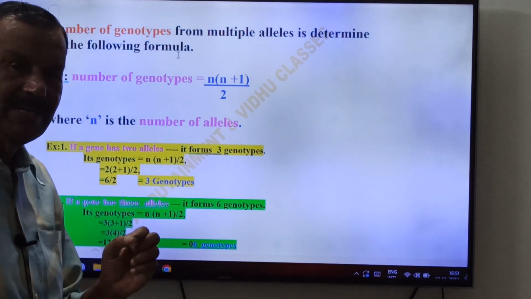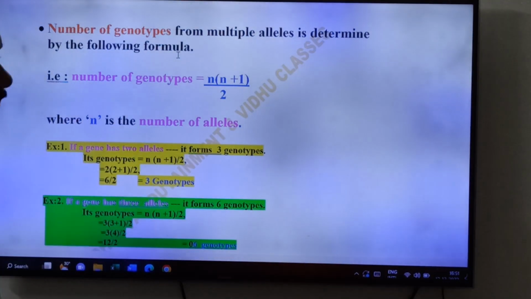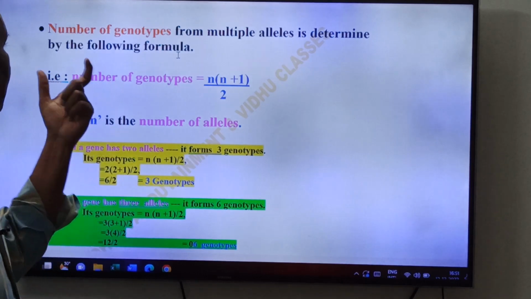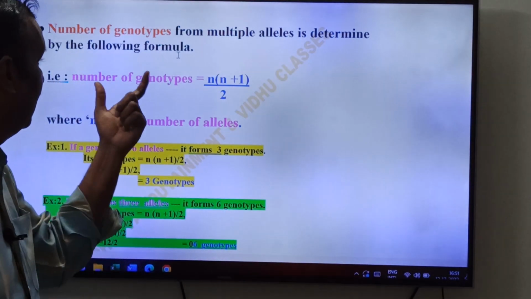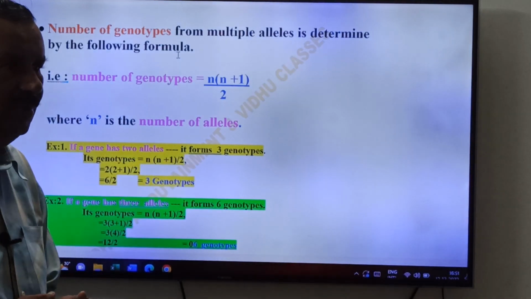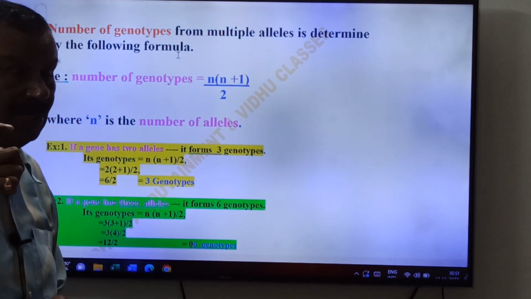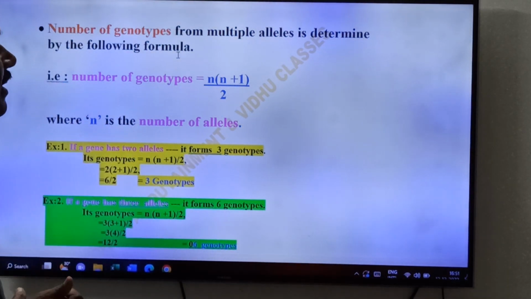Number of genotypes is equal to n(n+1)/2, where n is the number of alleles.